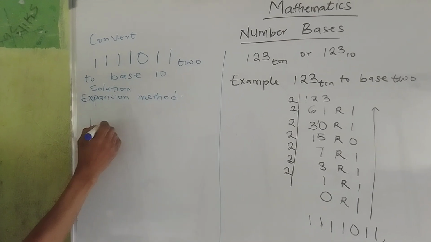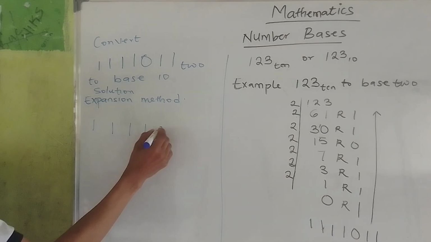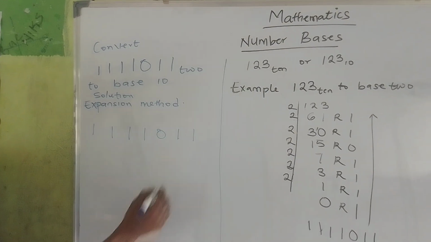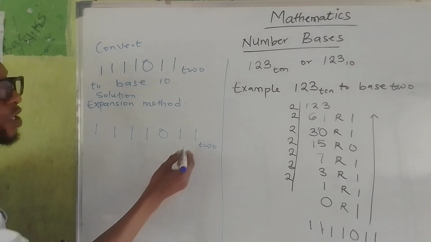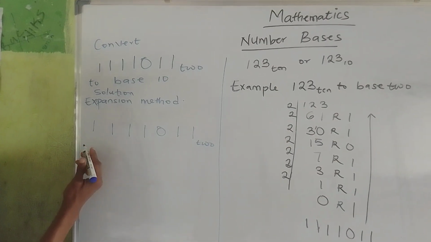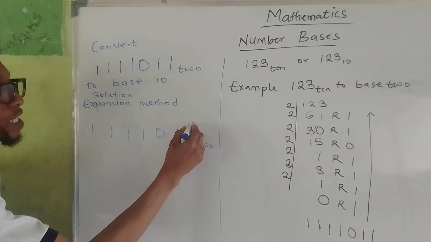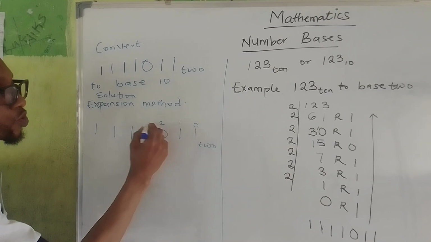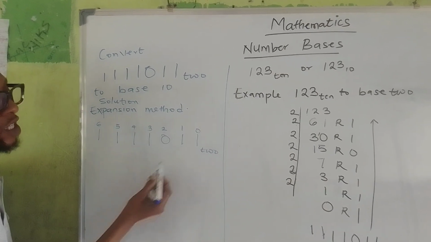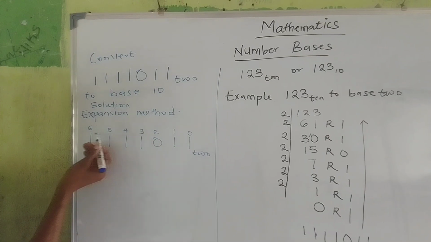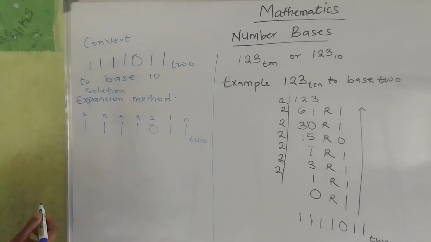I have 1, 1, 1, 1, 0, 1, 1 in base 2. The first step, I will number from 0 and increase it towards my left hand side. So I have 0, 1, 2, 3, 4, 5, 6. You start from 0, you take up to your left hand side to where it stops.